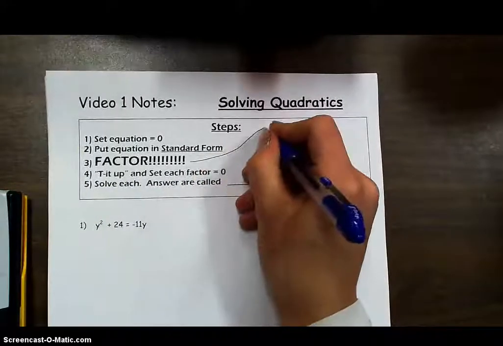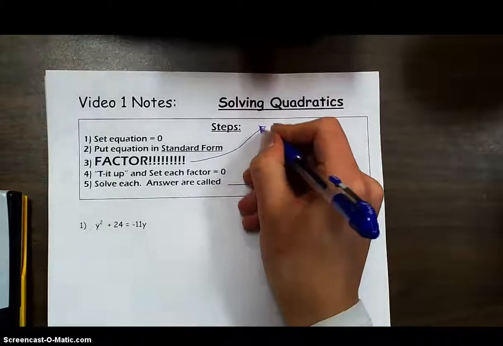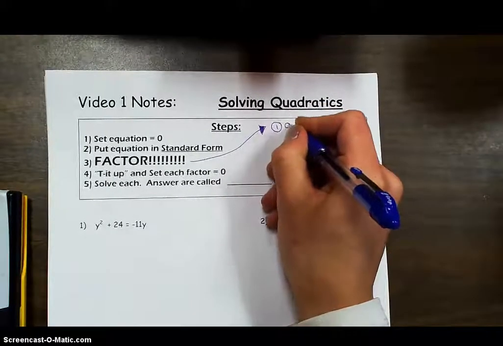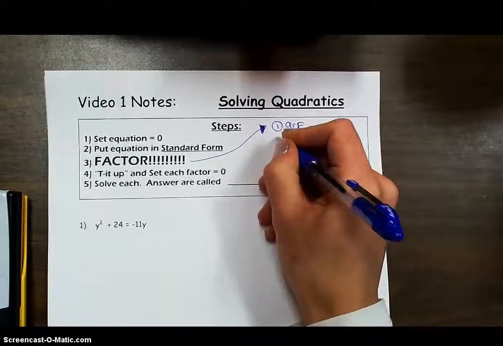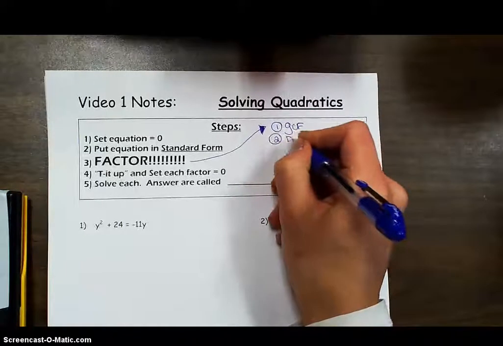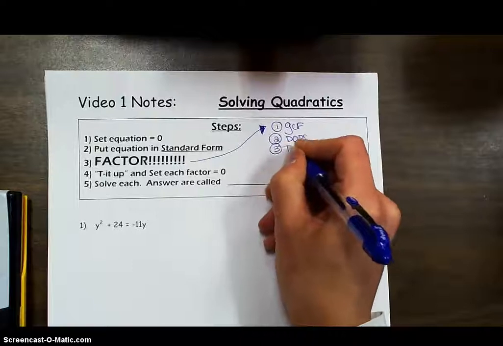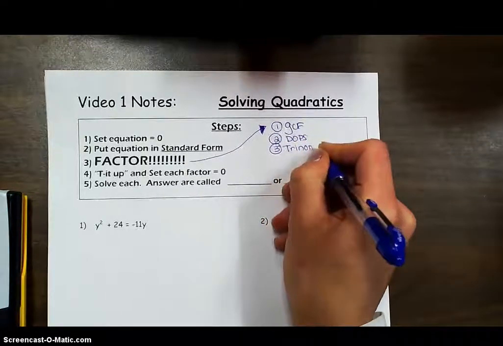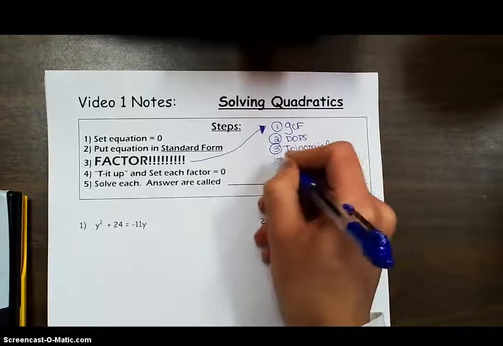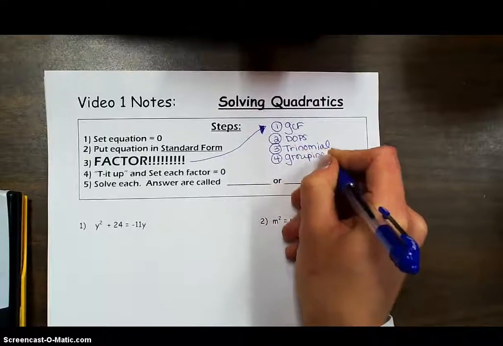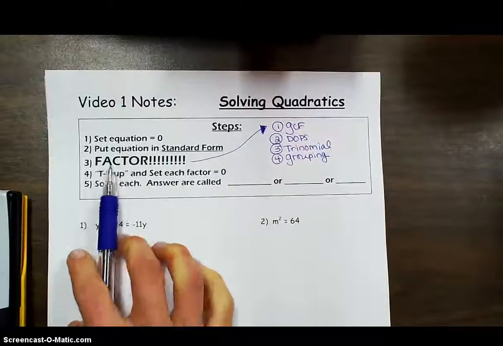So let's remember the order for factoring. The first type of factoring you always try, number 1, you should always try GCF. Number 2, you should always try is difference of perfect squares. Then trinomial, and if trinomial doesn't work, then you're going to try grouping. Okay, so that's step 3.